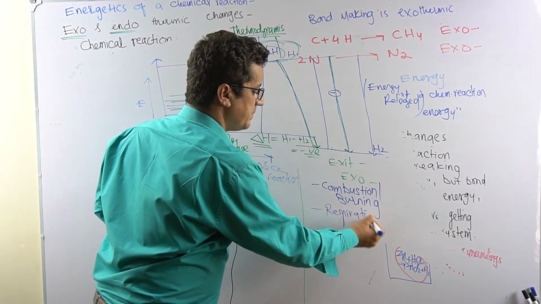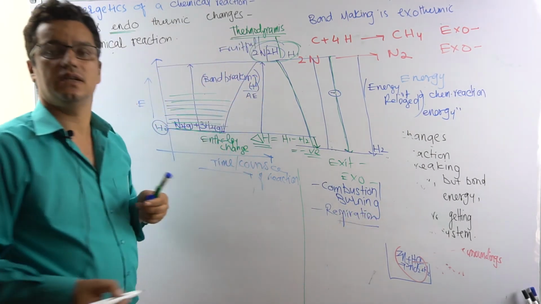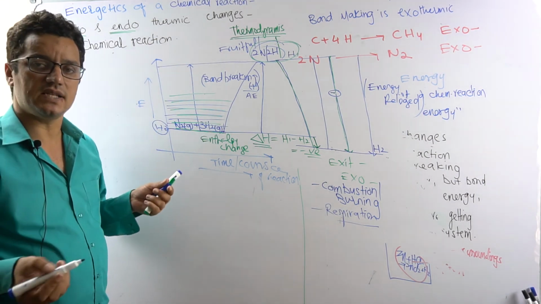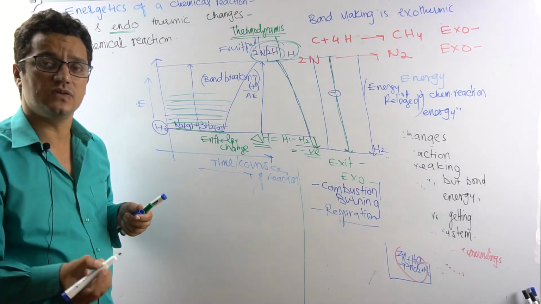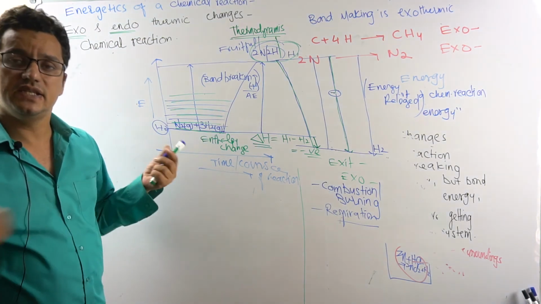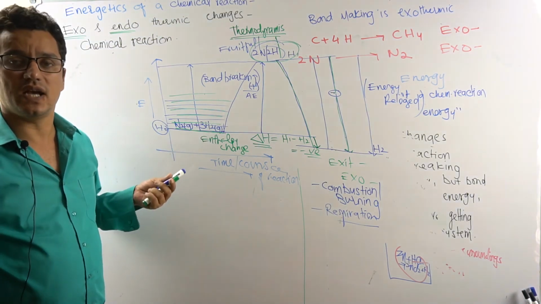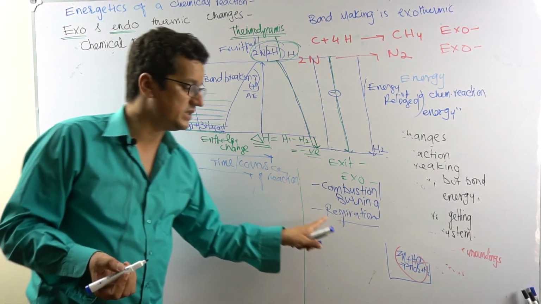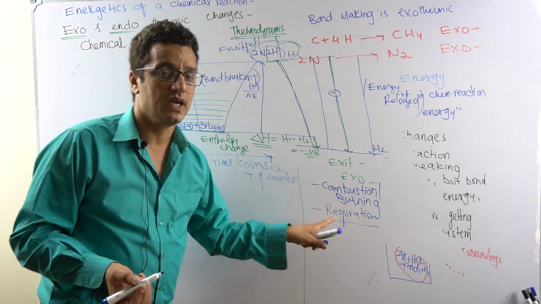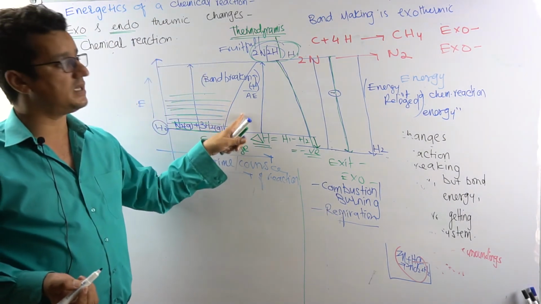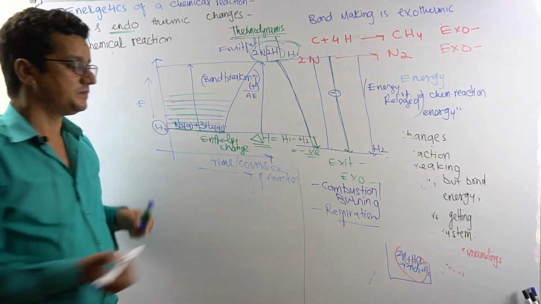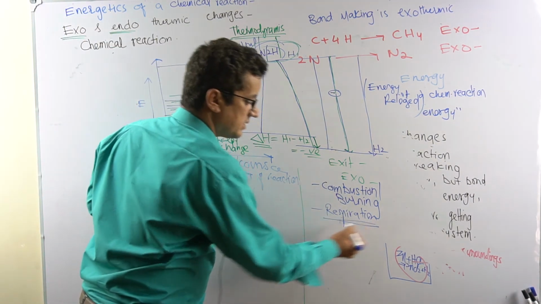Whatever food we eat is digested in the digestive system and then absorbed by the bloodstream, goes to cells, and each and every cell burns this food, oxidizes this food, and energy is released. That is why we utilize it for useful work. Respiration is exothermic, meaning its bond breaking consumes less energy, but bond making produces more energy. So respiration is another reaction releasing energy.